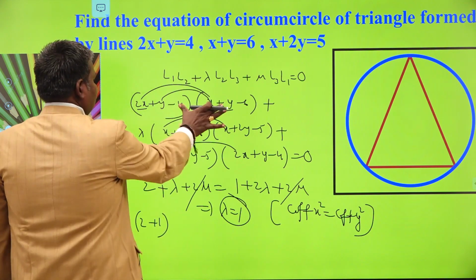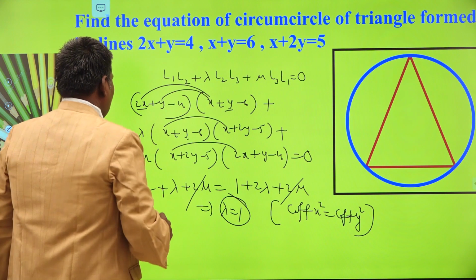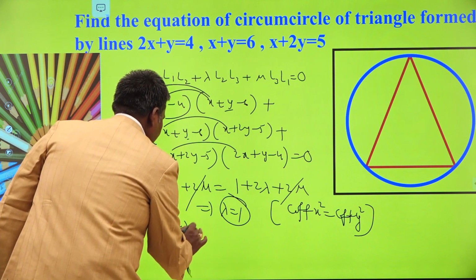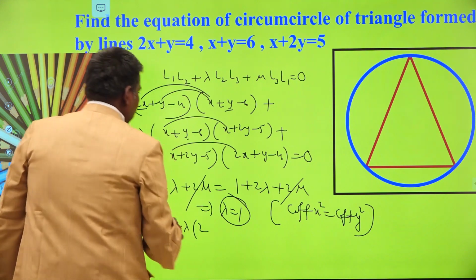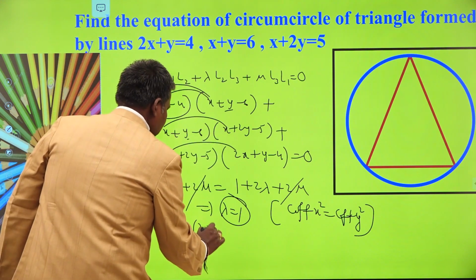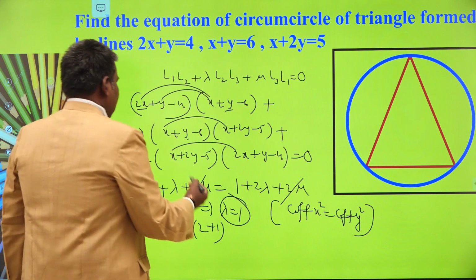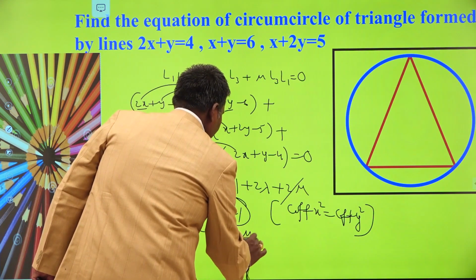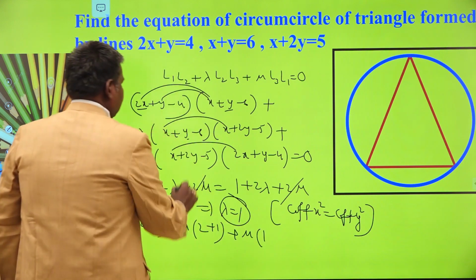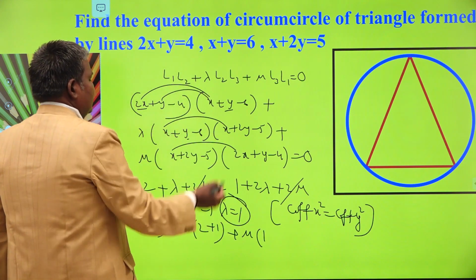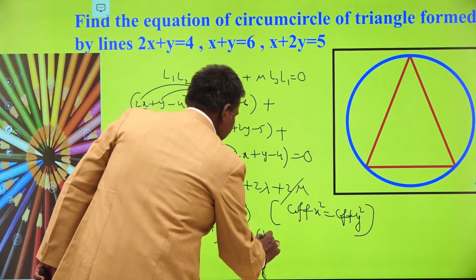So 2 plus 1 is the xy coefficient here. Now plus lambda times of, what is the xy coefficient here? X into 2y, that is 2. Y into x, xy, that is plus 1. Next again, plus mu times of x into y, xy, the coefficient is 1. 2y into 2x, what is that? 4xy, the coefficient is plus 4.